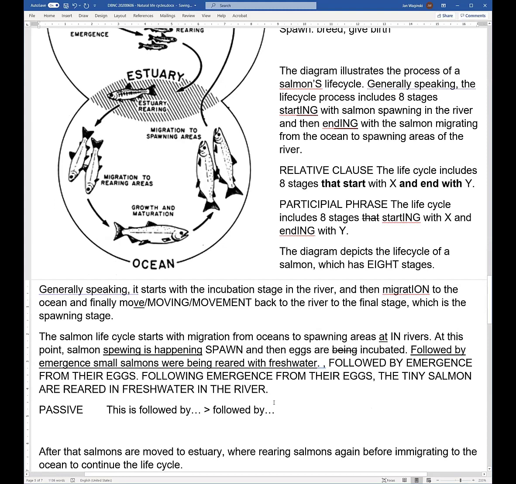It's active voice. It's active, but it's a little bit different because following emergence from their eggs, there isn't really a good way to turn that into a dependent clause. It would be the same as something follows other, like this type of fish follows this.